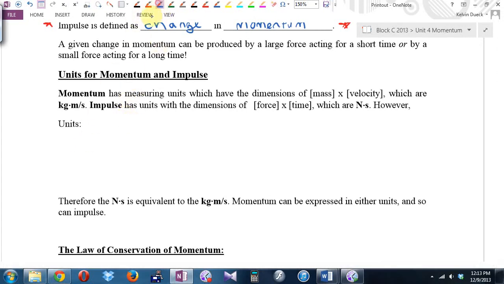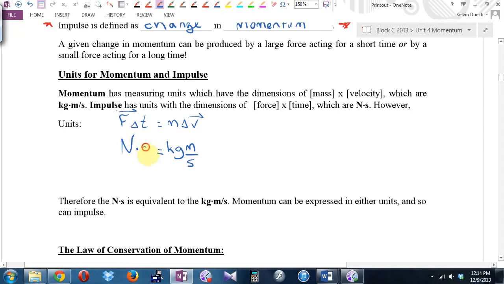If F delta t equals m delta v, if impulse equals change in momentum, if change in momentum equals impulse, that must mean that kilogram meters per second must be the same as Newton seconds. Doesn't it, Claire? Must. Because if those equations are the same, the units must be the same.